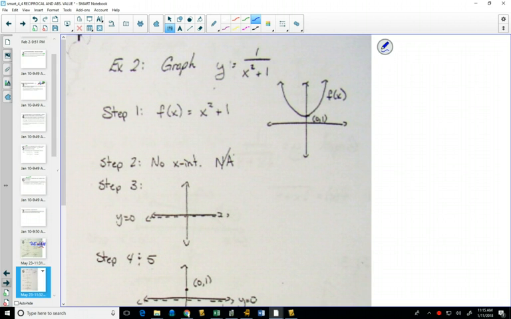Example 2, 1 over x squared plus 1. So we draw our original graph. There's our original graph. It's a parabola that's been shifted up 1 unit. So you would have the point 0, 1. We have some other nice points we could label on there. 1, 2, 2, 5.